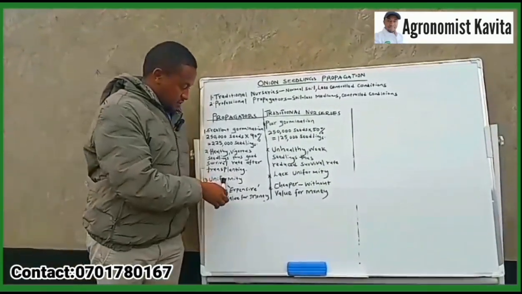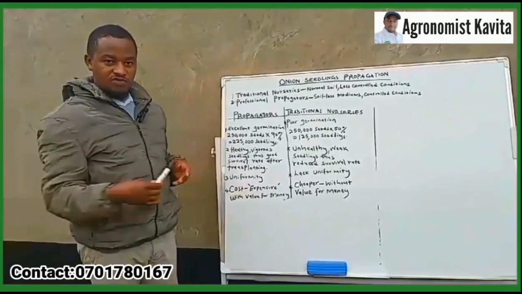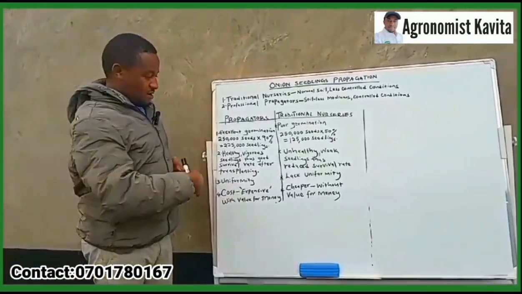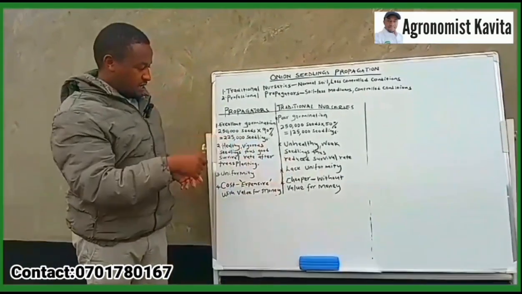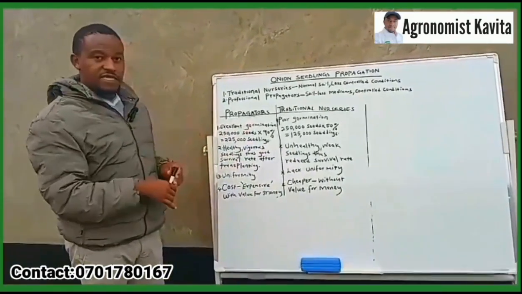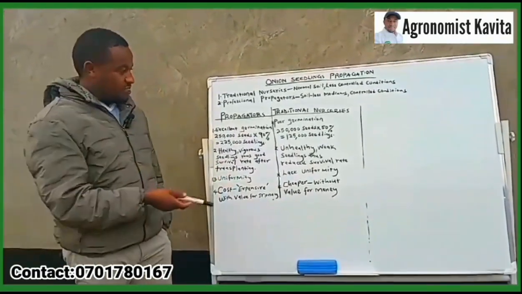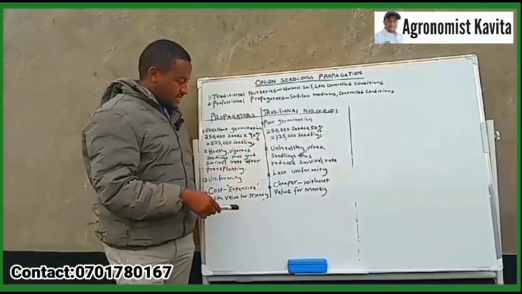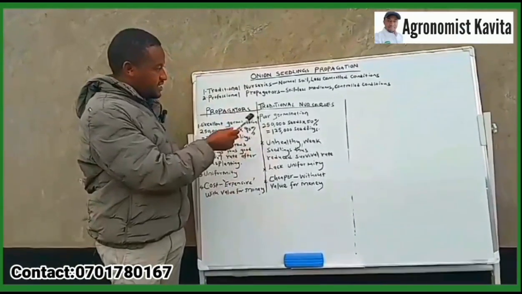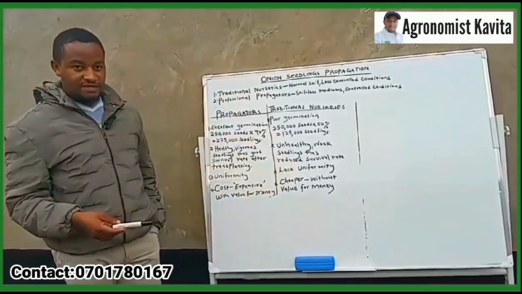Because of that, the seedlings have a chance of being uniform. Because they are grown in trays, all the seedlings in terms of sizes, leaves and how they look are somehow uniform. But seedlings from the traditional nurseries lack that uniformity.